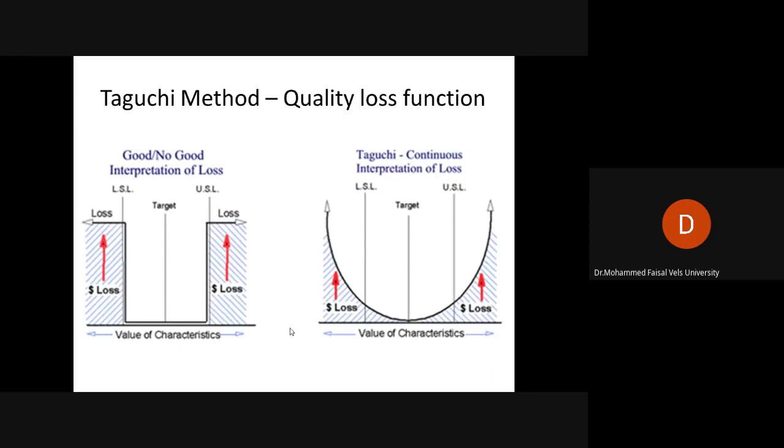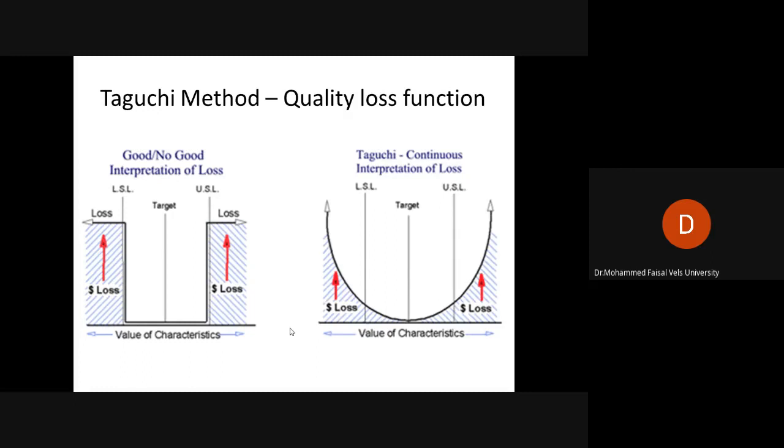Another important thing is you have to understand the traditional method. In the traditional method, there will be an upper control limit and a lower control limit, based on the sigma level.